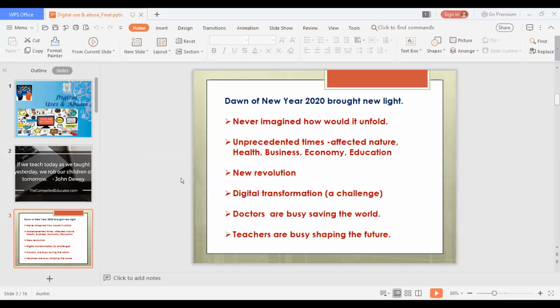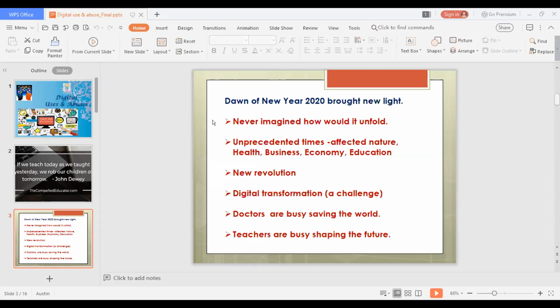When we stepped into the year 2020, it brought all good hopes for all of us. But we never imagined how it would unfold. These unprecedented times have affected nature, health, business, economy, and have affected education in its worst manner.